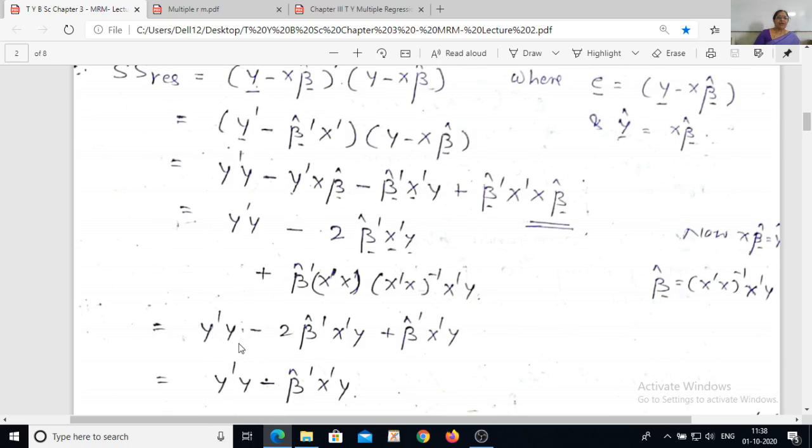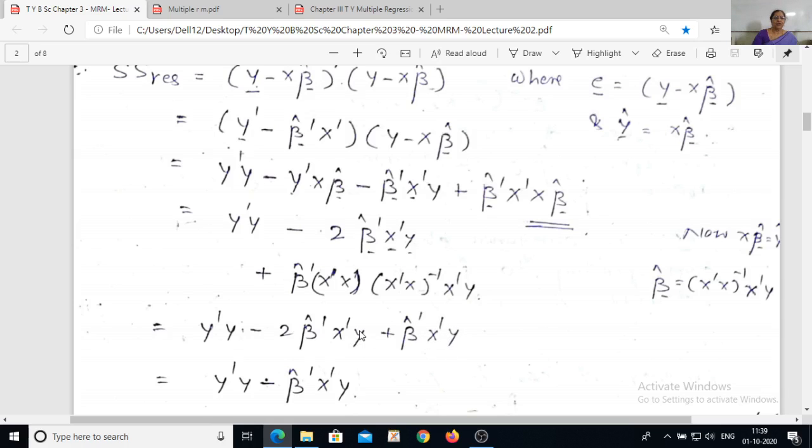So this is y prime y minus 2 beta cap prime x prime y. Now if you take this x prime x inverse, x prime x becomes I of order p plus 1, and here it is I multiplied by x prime y, which is simply beta cap prime x prime y.